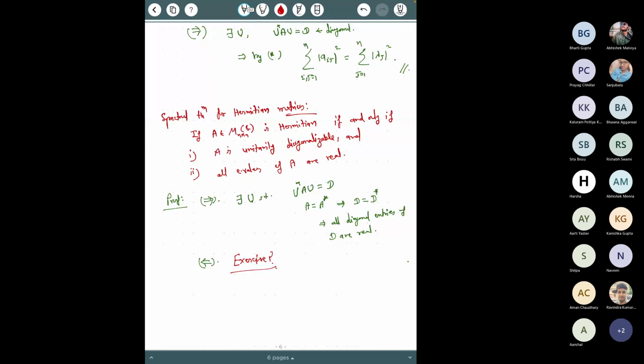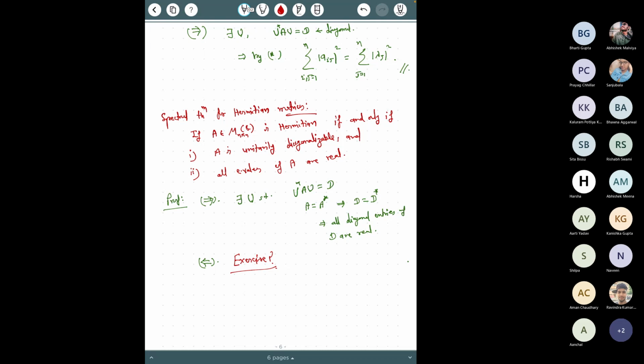For example, one can prove that if we have two eigenvectors corresponding to two distinct eigenvalues of an Hermitian matrix, then these eigenvectors are orthogonal. That means eigenvectors corresponding to distinct eigenvalues are orthogonal.